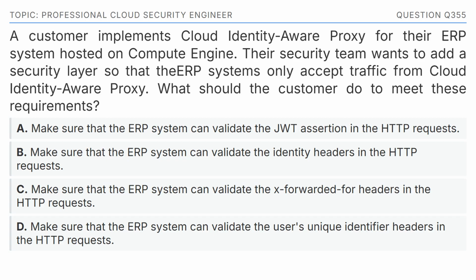Option B, make sure that the ERP system can validate the identity headers in the HTTP requests. Option C, make sure that the ERP system can validate the X-Forwarded-For headers in the HTTP requests. Option D, make sure that the ERP system can validate the user's unique identifier headers in the HTTP requests.